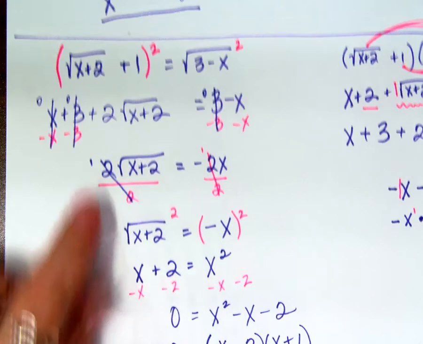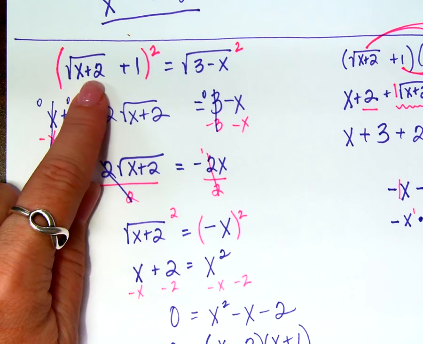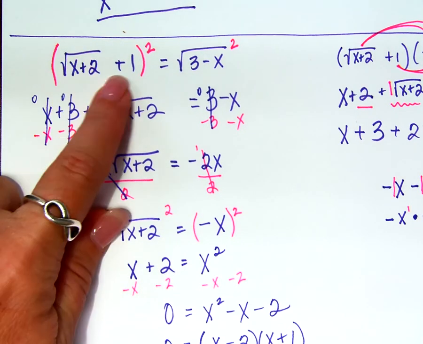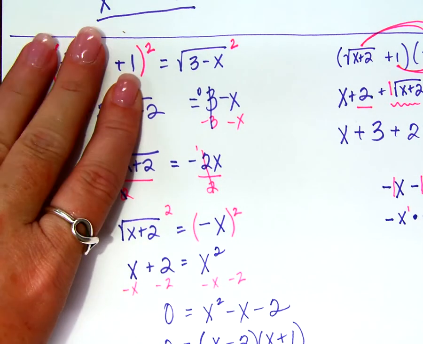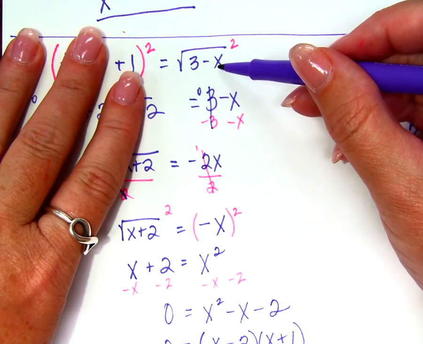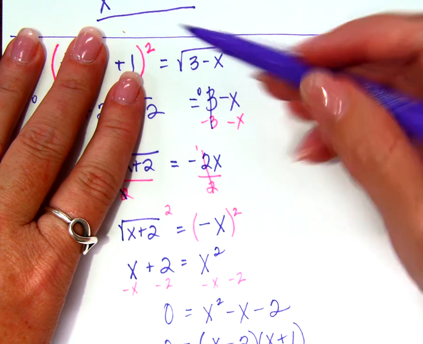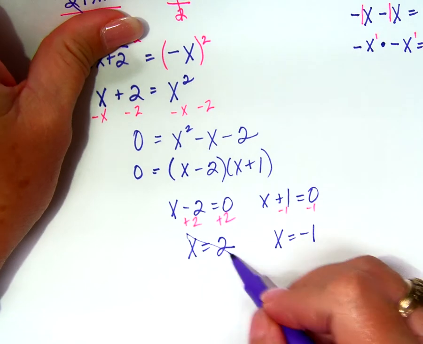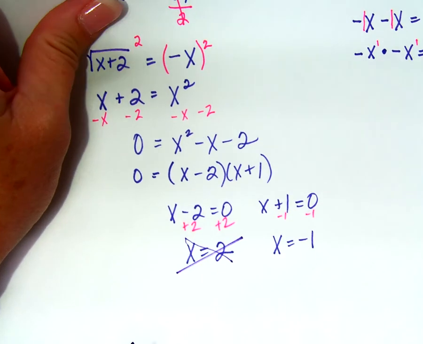So we'll start with the 2. 2 plus 2, 4, square root of 4. 2 plus 1, 3. So that side is 3. Okay, 3 minus 2, the square root of 1. Does 3 equal 1? No. It's not an answer.